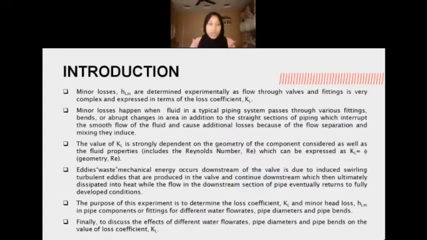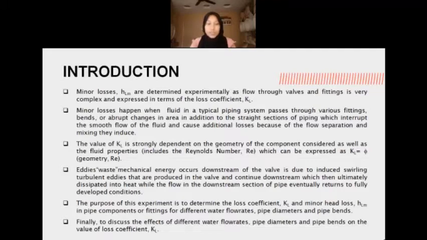The value of KL is strongly dependent on the geometry of the component considered as well as the fluid properties, which includes the Reynolds number, which can be expressed as KL equals phi of geometry and Reynolds number.